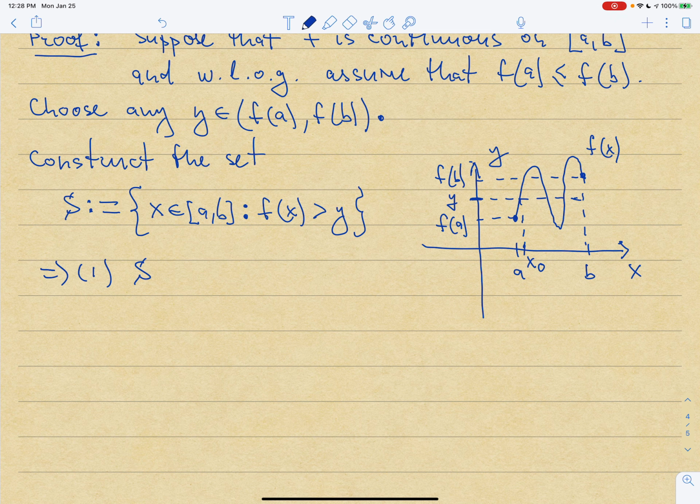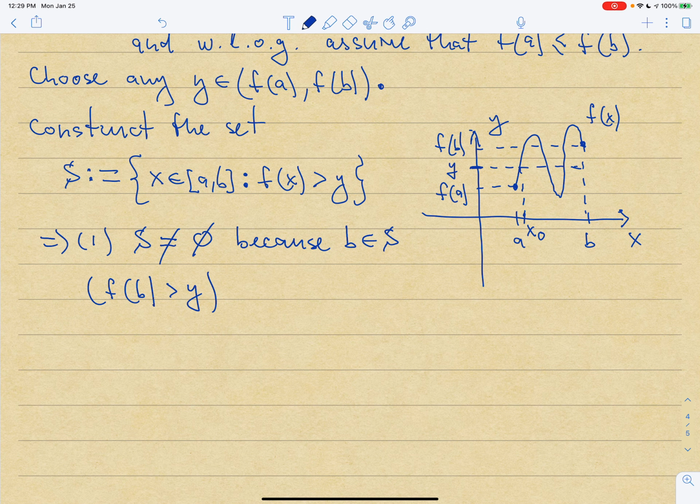It's easy because f of B is always bigger than y, because y was chosen between f of A and f of B, so B must belong to the set S. So S is not equal to the empty set because B is in S. Again, that is true because f of B is bigger than y.